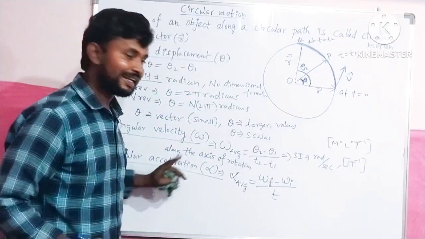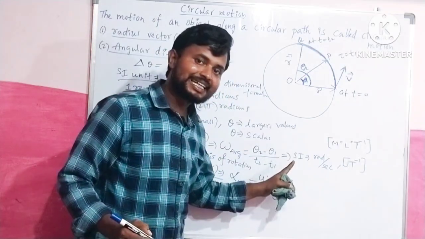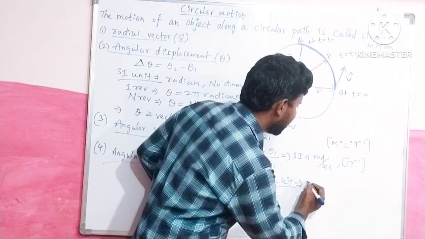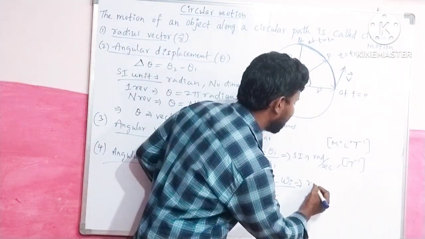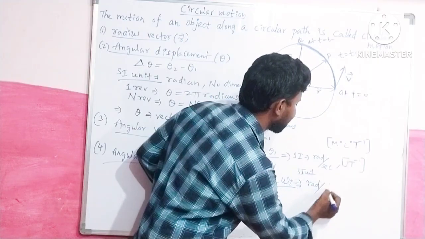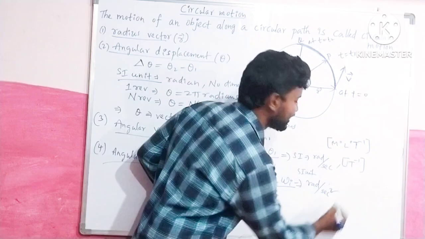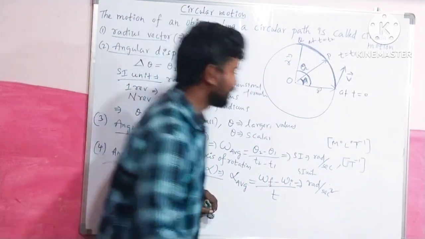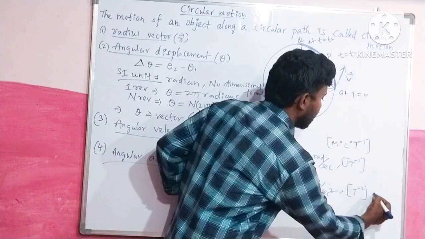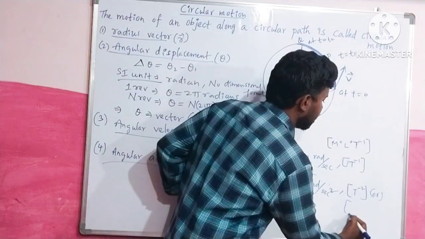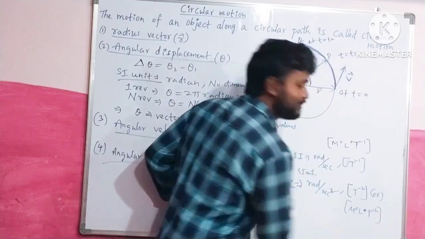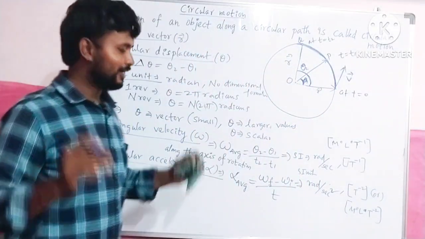The SI unit of angular acceleration is radian per second square. The dimension formula is M0 L0 T minus 2.